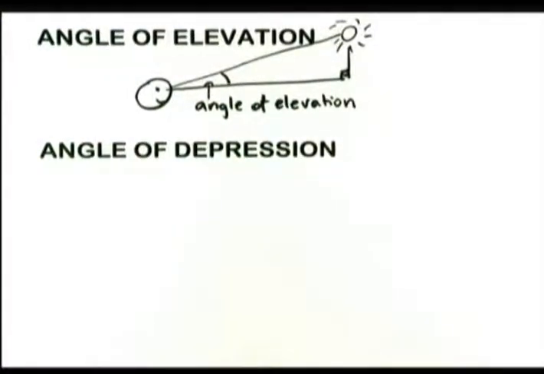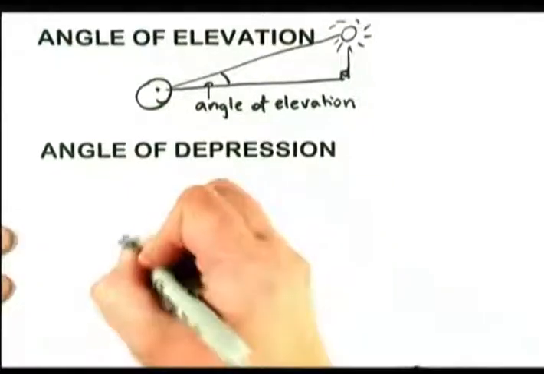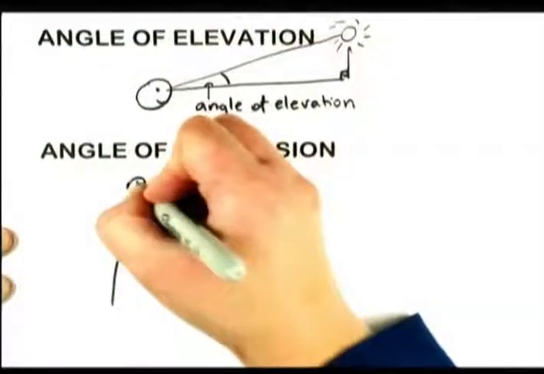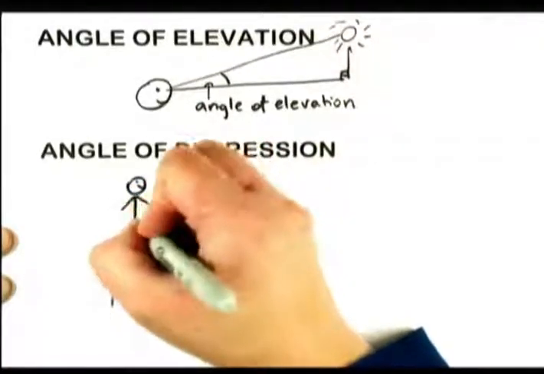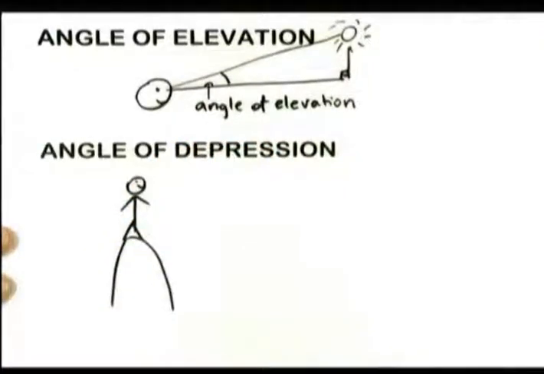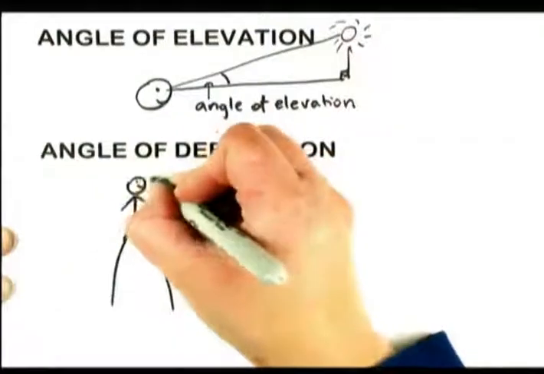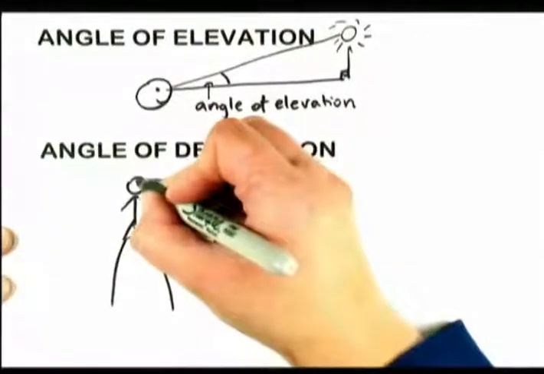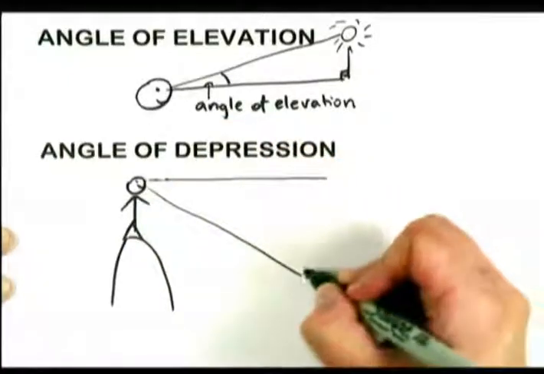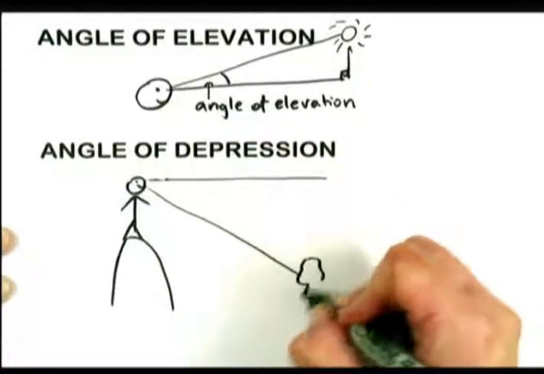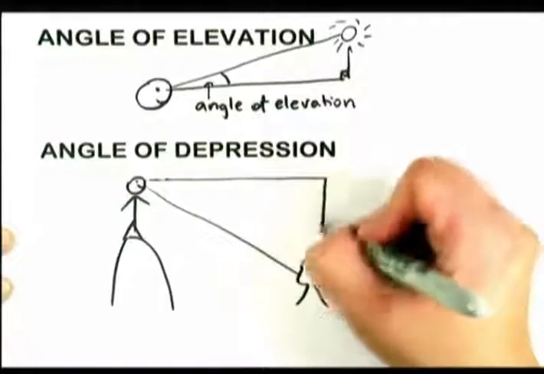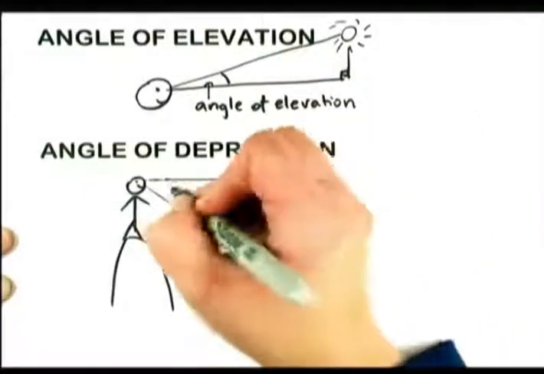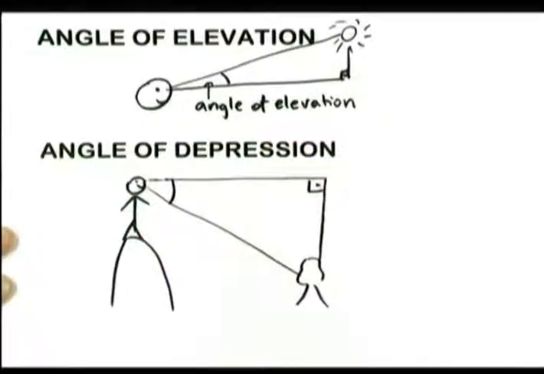And the same story can be said for angle of depression. If I am standing on some mountain, let's say right here, and I look straight to the horizon, then I can look down to some tree, and that's going to be nothing else but the angle of depression.